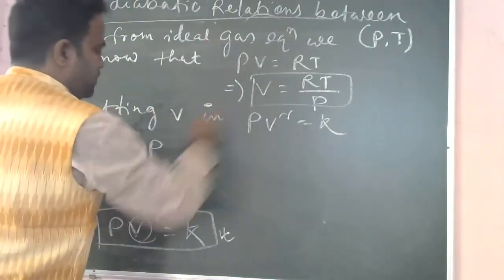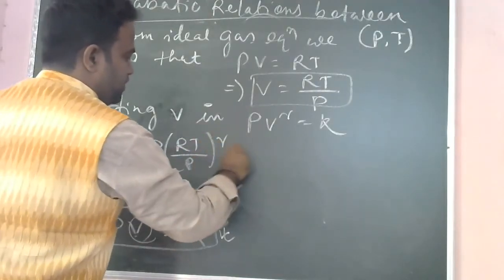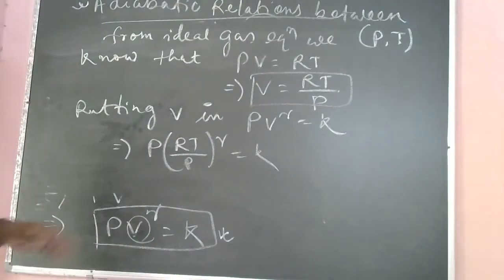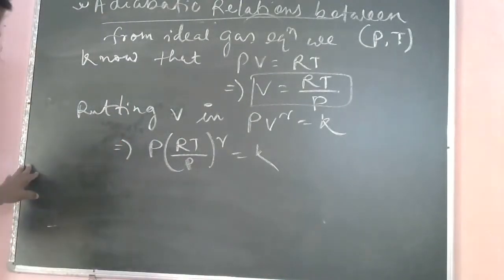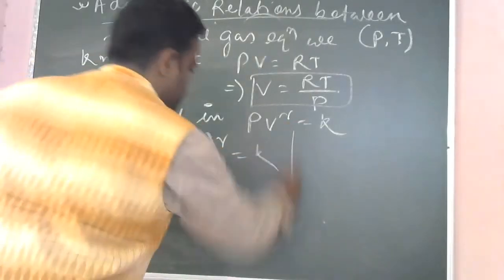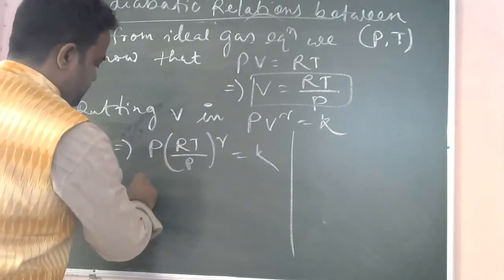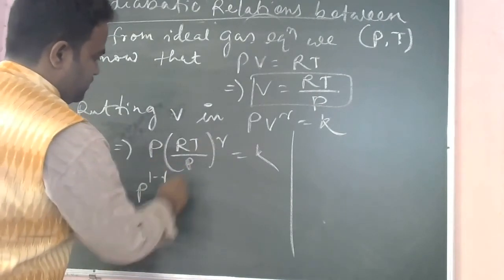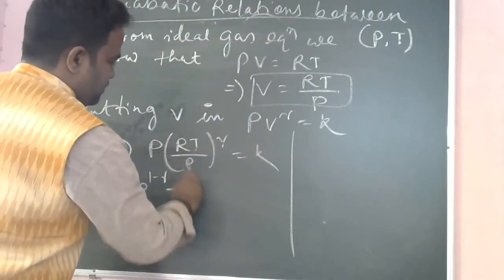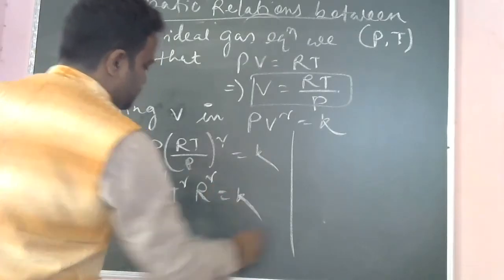P times RT upon P, all to the power gamma, is constant, right? So you can simplify this. This is P divided by P to the power gamma, that means P to the power 1 minus gamma, and T to the power gamma, and R to the power gamma is equal to constant.